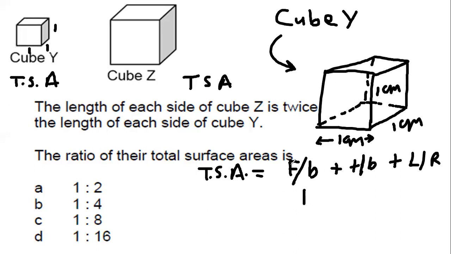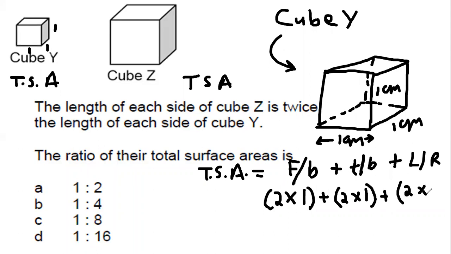And then now, because the front and the back are the same, we're going to times it by 2. Follow? And then now, the top of the cube and beneath it is also 1, not true? And how many faces? 2. So the top and the bottom are the same thing, and the same thing for the left and the right. 2 times 1.